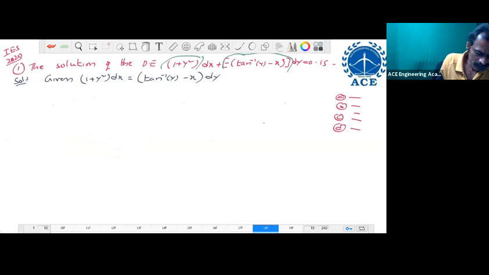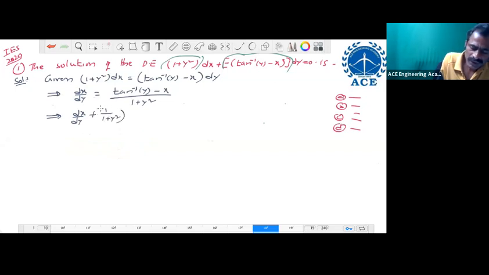For this, we write one of the standard forms: dx/dy = (tan⁻¹y − x)/(1 + y²), which implies dx/dy + (1/(1 + y²))·x = tan⁻¹y/(1 + y²).